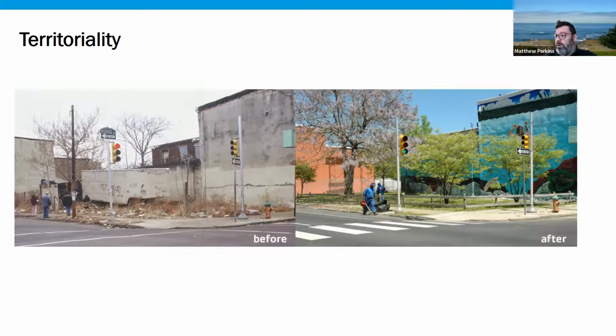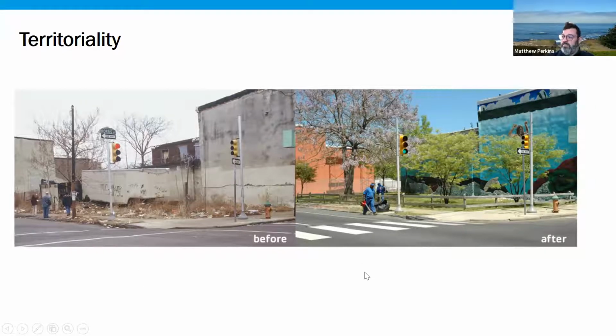And what we found is that after these interventions, violent crime and crime in general goes down at these lots. And also that, again, diffusion of benefit, we find that crime goes down in the areas surrounding them.